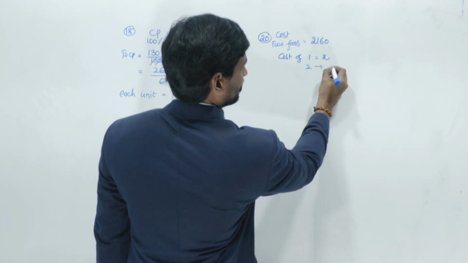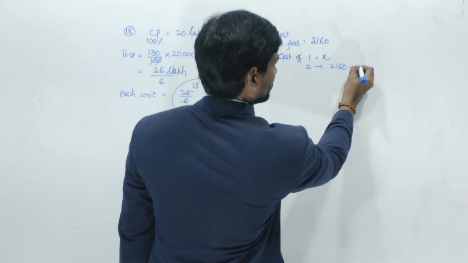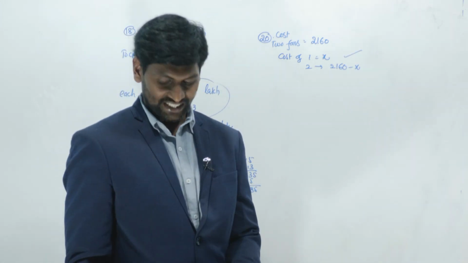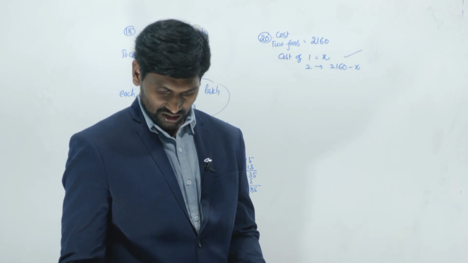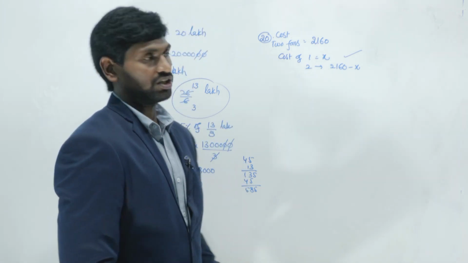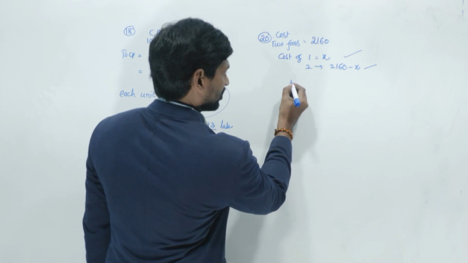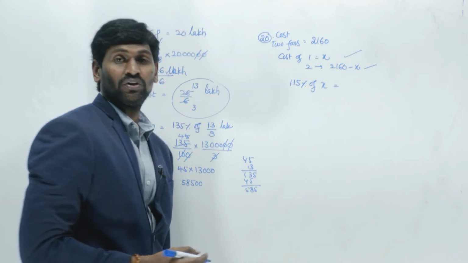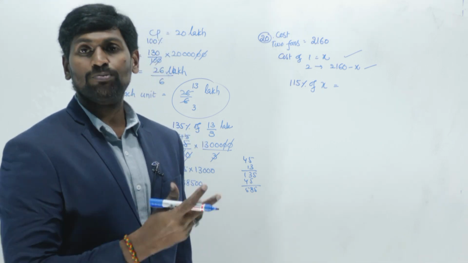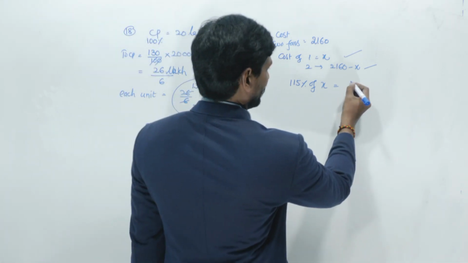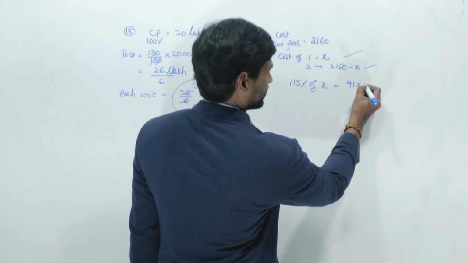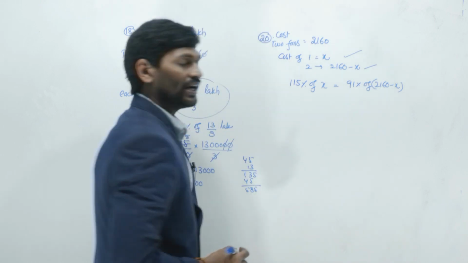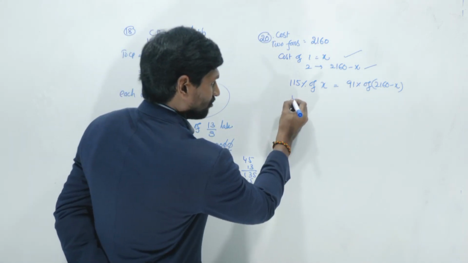So second fan cost is 2,160 minus X. On the first one he got 15% profit and on the second one 9% loss. 15% profit means 115% of X. But overall he gets no profit or loss. That means both are equal. So 9% loss means 91% of 2,160 minus X.